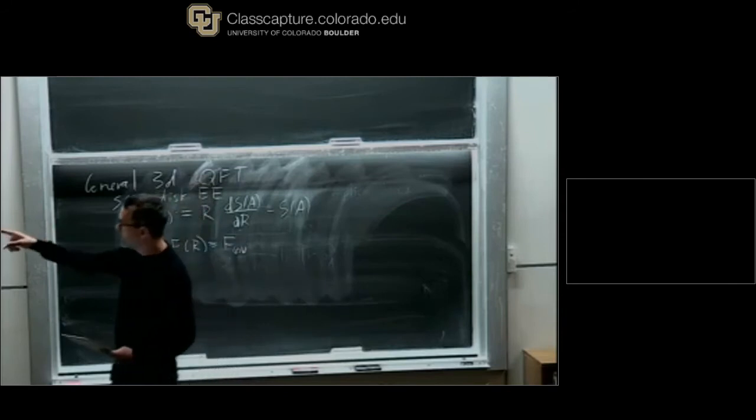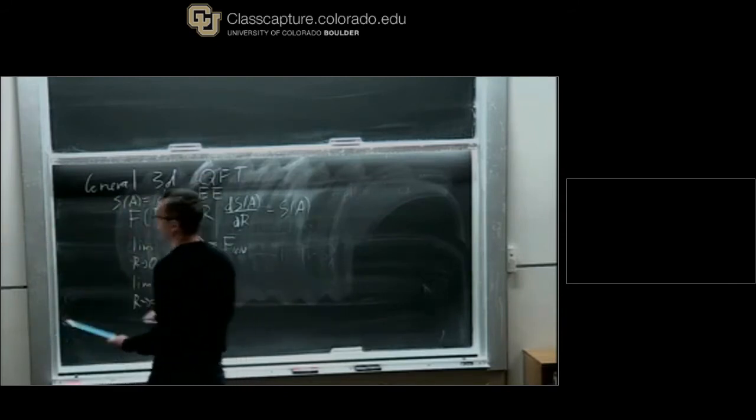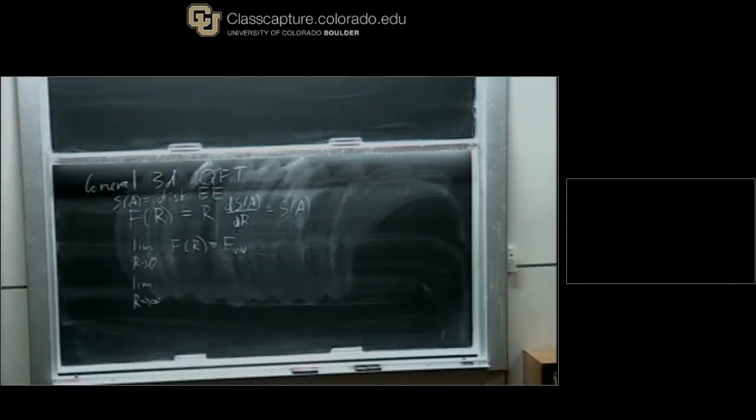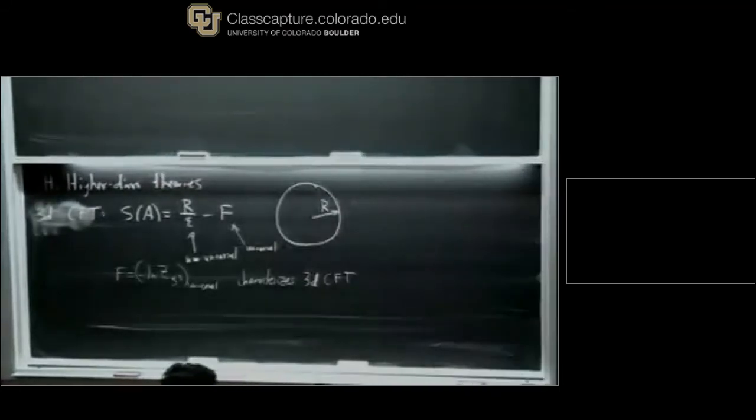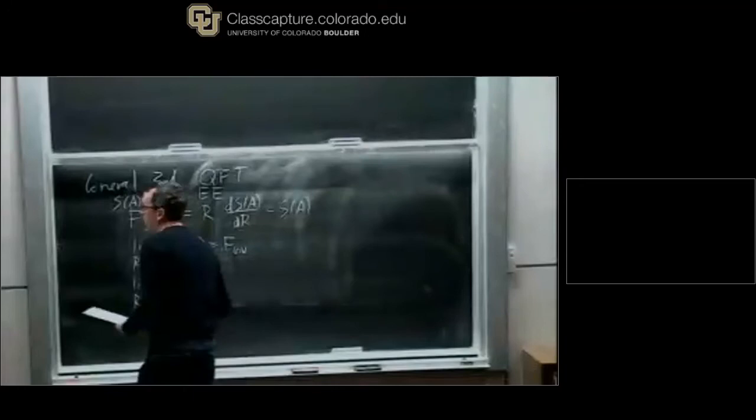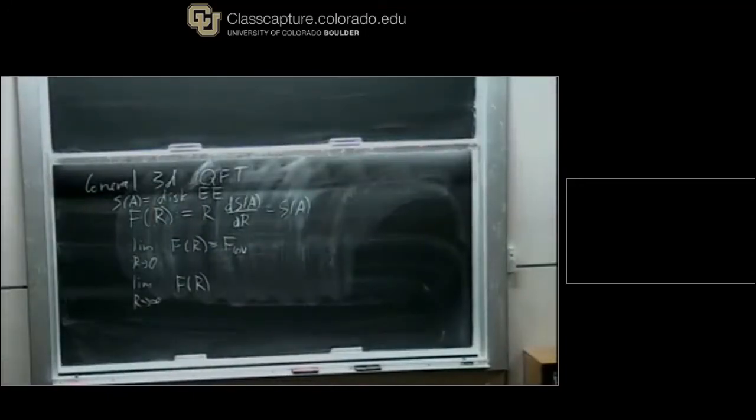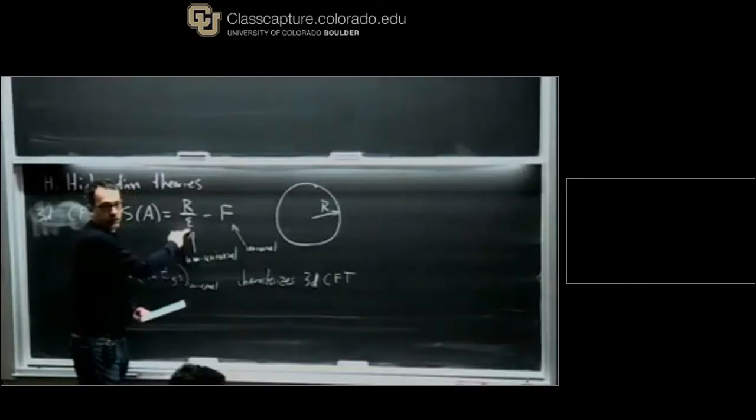Well, if I just plug that in, so I'm assuming that for R very small, it takes this form for some F. And then I plug it in, and I'm left with F, right? And at very large distances, again, it'll take this form, and this coefficient will be totally different.